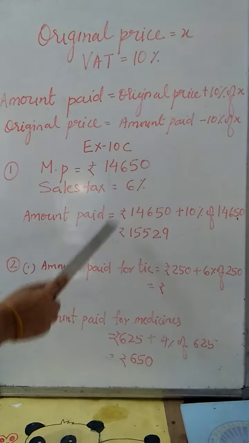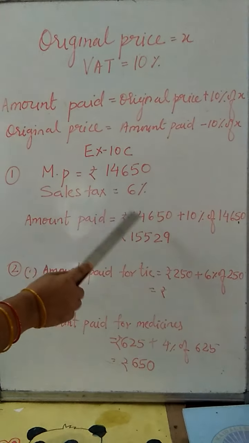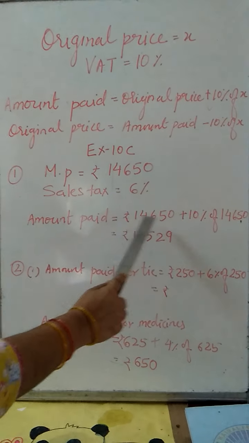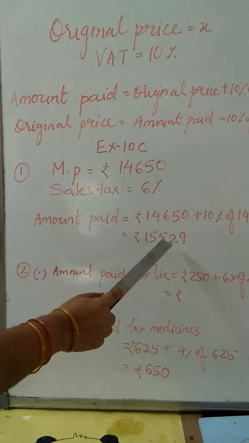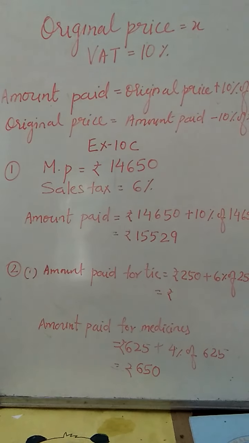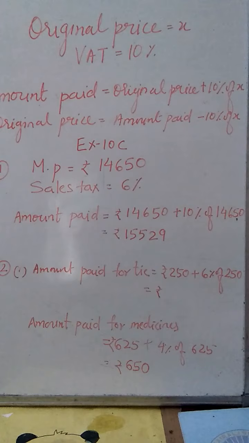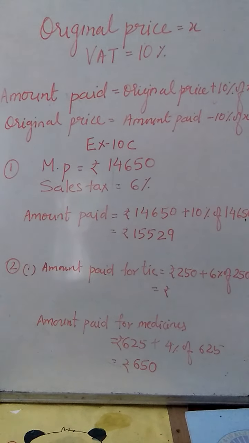So amount paid, as I told you, is original price plus 6% of that price. So after calculating this, add the both, you will get the answer 15,529. So calculation is your part. Now I think all of you know how to calculate 10% of any number, because we already did in percentage also and in profit and loss also.